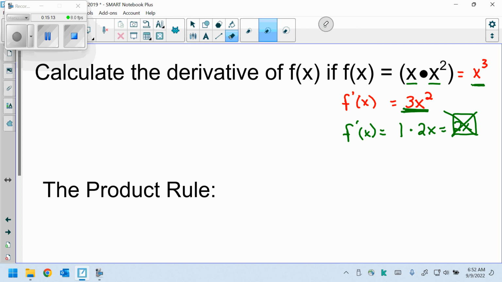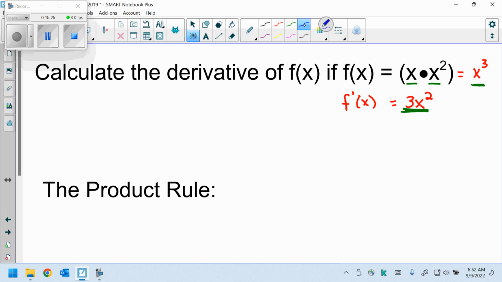That's no good. No, there's a special rule when it comes to multiplying two functions. That special rule is called the product rule. And the product rule says this. Let's say we've got f of x is equal to some function, let's call it g of x, times another function, h of x.